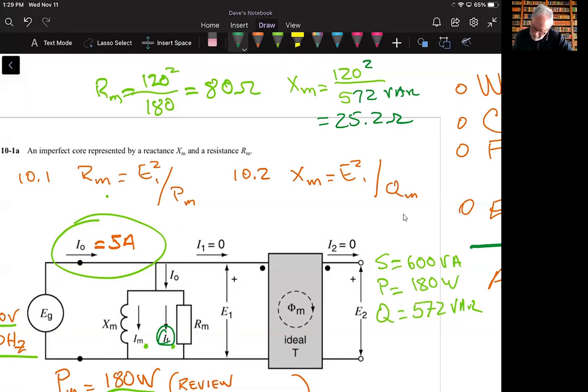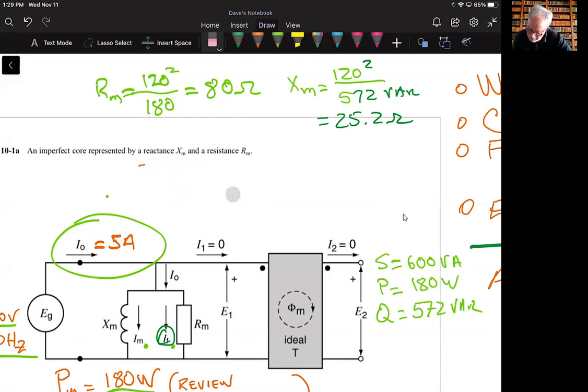Let me erase all this so we can see this. I sub F is going to be the voltage, 120, all this is in parallel, divided by 80. And that is going to be 1.5 amps flowing here.